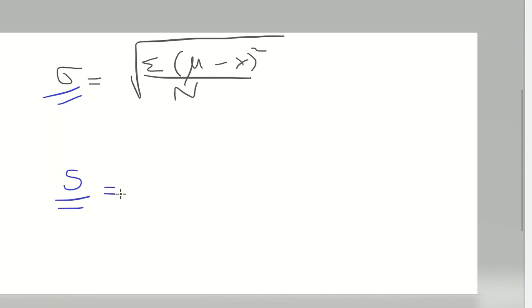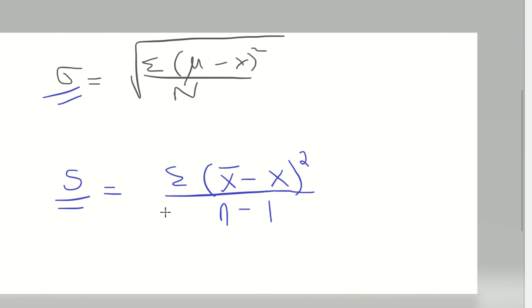So as part of your estimate, you're going to do the summation, and you do not have mu, so you're going to replace it by x bar, which is an estimate, minus the x. You square these differences, and instead of dividing by n, you're going to divide by n minus 1 because you lost what we call a degree of freedom, and therefore the formula becomes like that.